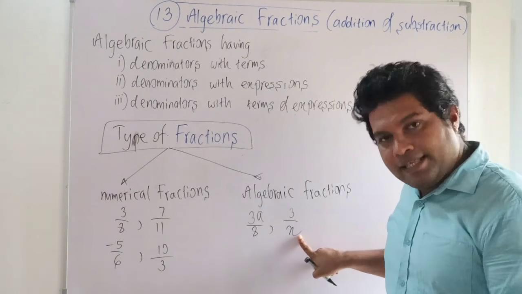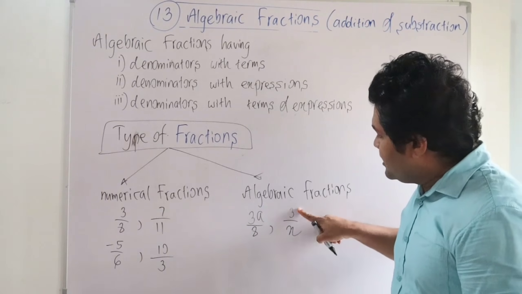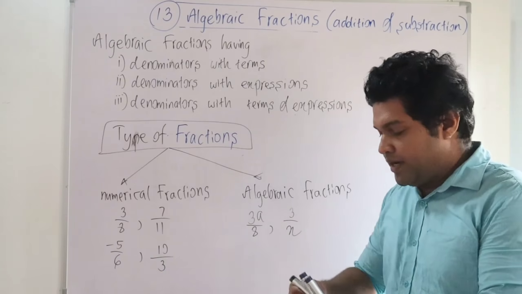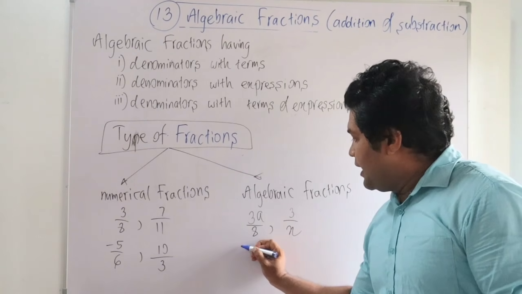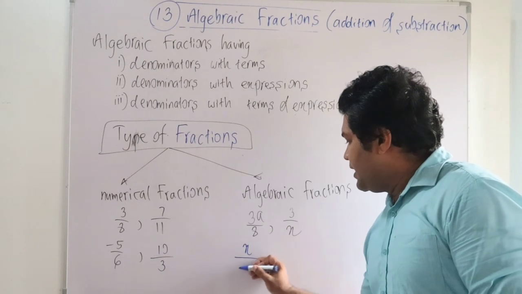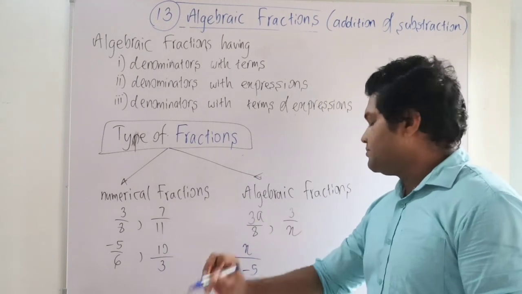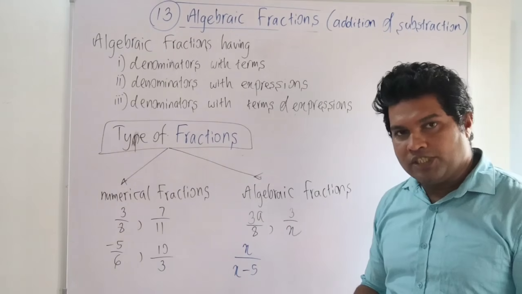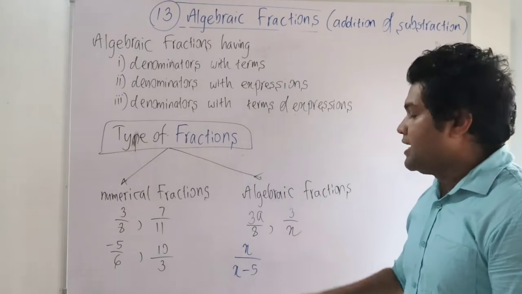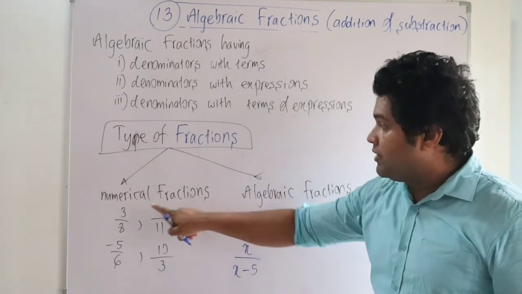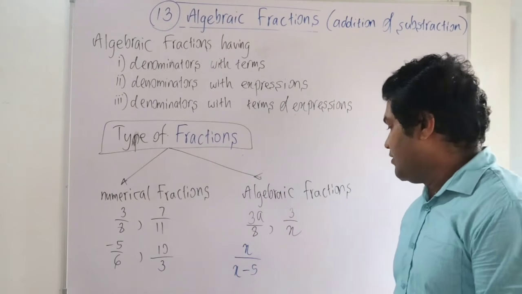Due to that x term, this is an algebraic fraction. Another example: I can write x over x minus 5. It's also an algebraic fraction, because when there's an algebraic letter, it is not a normal numerical fraction but an algebraic fraction.